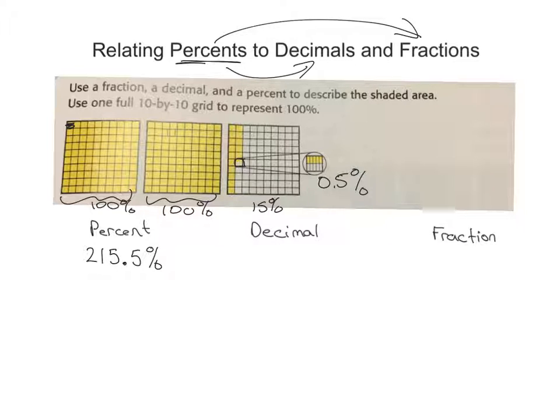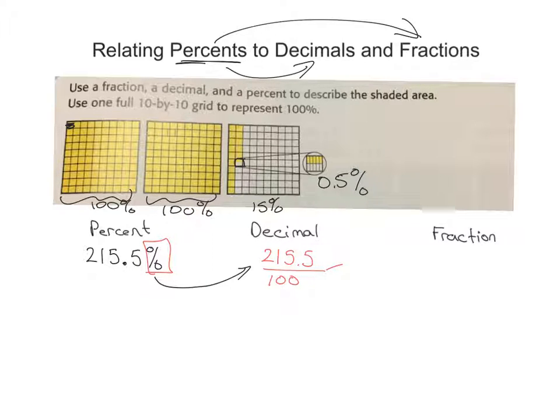Now I want to show you how to take this and turn it into its decimal form, because quite often this ends up being a really important step when we go to solve problems in the future. Remember that whenever you see the percent sign, it means out of 100. So 215.5% simply means 215.5 out of 100.